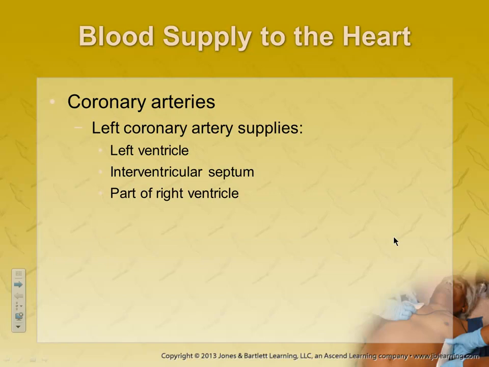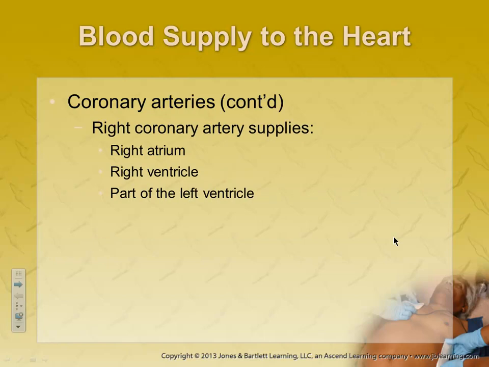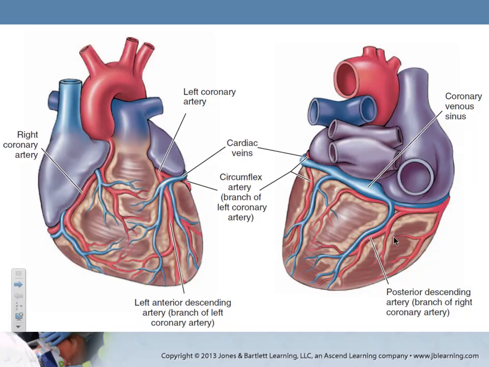So the left coronary artery supplies all that you see there and part of the right ventricle. Right coronary, the right side, and a little part of the left ventricle. So if you see here, the circumflex, which is off of the left coronary, is going to reach around to the back of the heart.